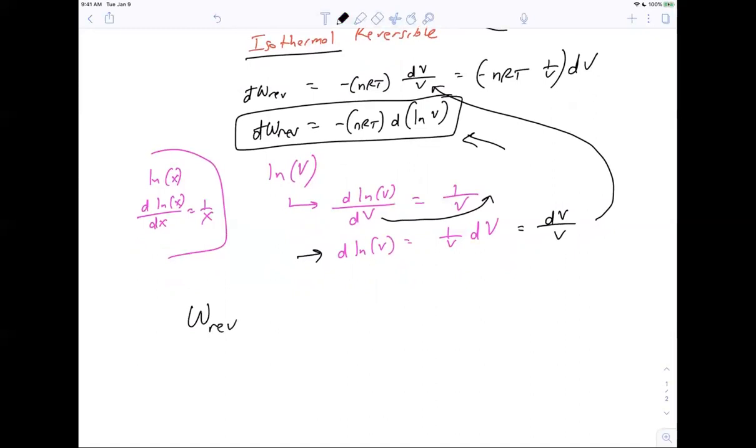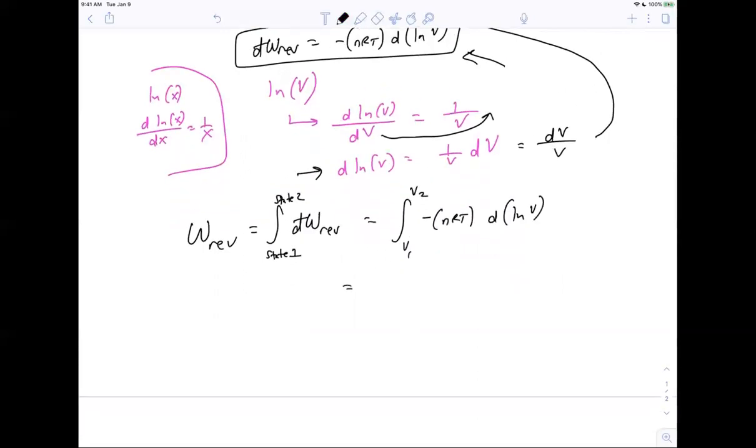There's no delta work, there's just W is equal to the integral of dW reversible from state 1 to state 2. And that's going to be the integral from V1 to V2 of minus nRT d natural log of V.